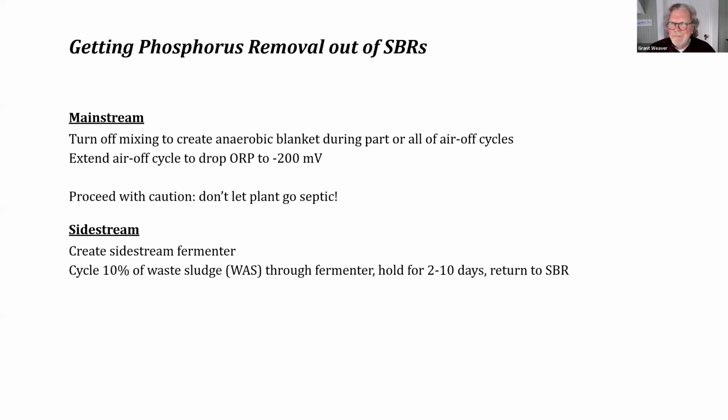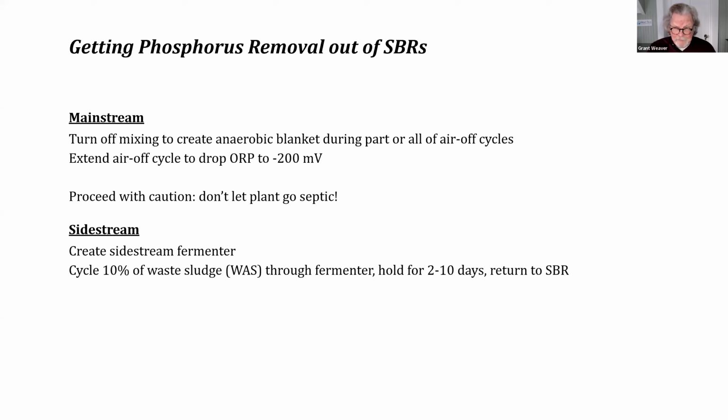The second and much more likely way of getting phosphorus removal is to set up a side stream fermenter, totally outside of the sequencing batch reactors that exist. Find a place where you can take some sludge and ferment it: a sludge holding tank or aerobic digester.